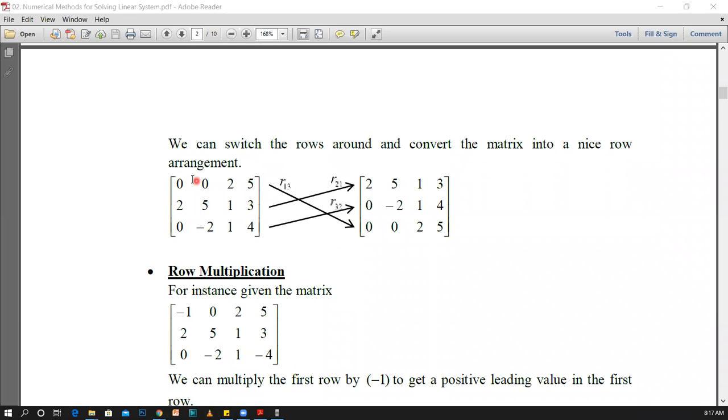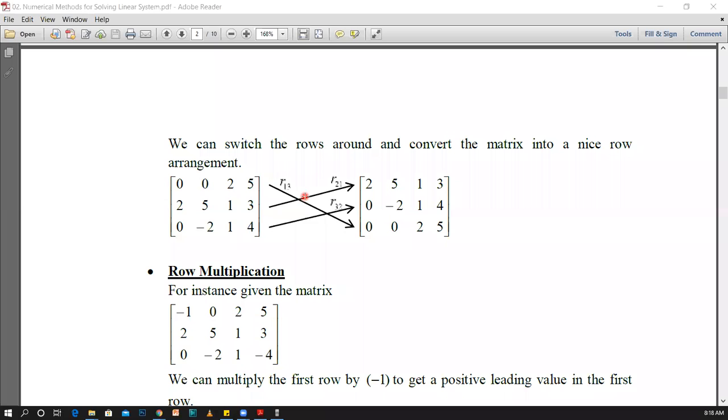Now think about the matrix that we have here, and if you just need to take the non-zero element as the first row, then you can switch row number 2 as row number 1.